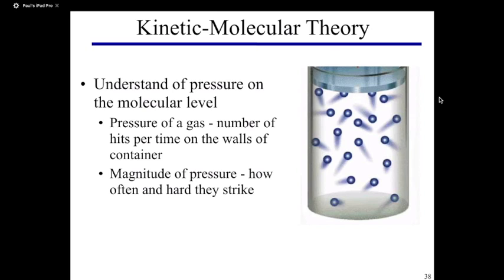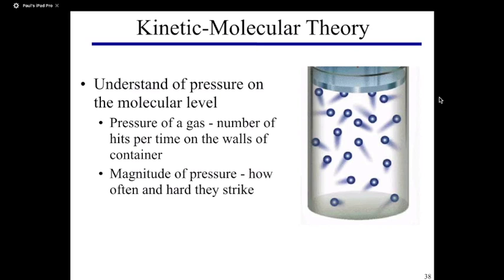Okay? A small number of pressure means not very many hits, not moving very fast, not very heavy. And so that's what we would think about these gas molecules bouncing around in there. Just kind of pinballing around.